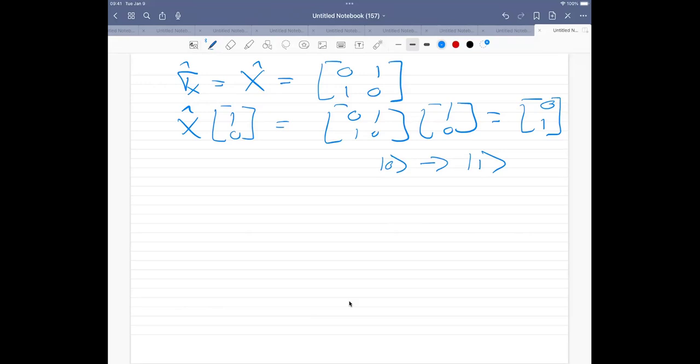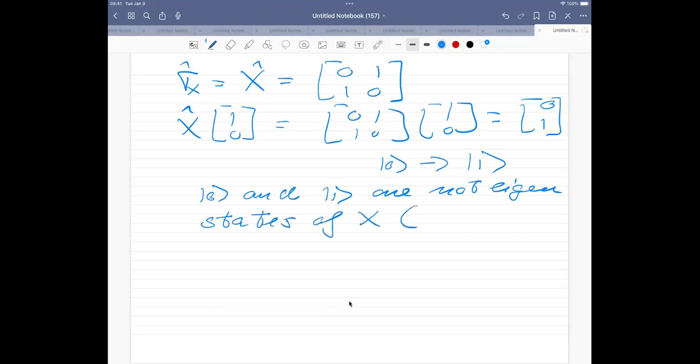So what you would see quickly is that 0 and 1 are not eigenstates of X. And you will also see that this is the case for the Pauli Y matrix. So I leave that as a small exercise for you to show, because when you have these linear representations, you can go back to the Bloch sphere and visualize these other eigenvectors on the Bloch sphere.